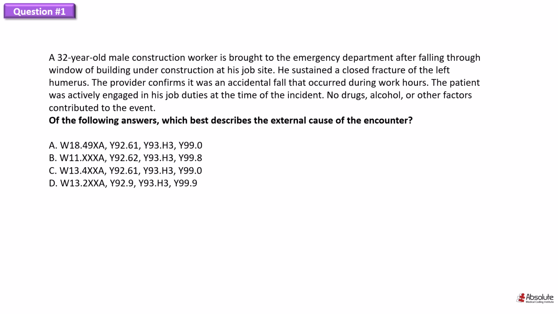The patient was actively engaged in his duties at the time of the incident. No drug, alcohol, or other substance contributed to the event. Of the following, which best describes this external cause of the encounter? And coders, you have 2 minutes to solve the scenario, and your time begins now.